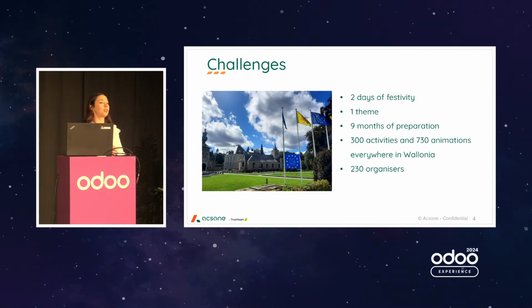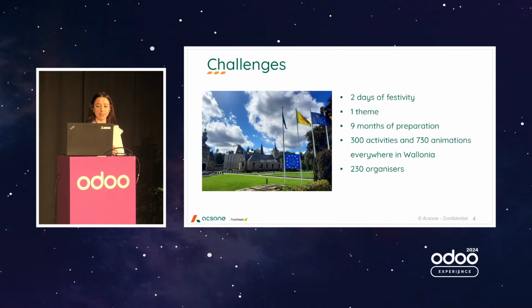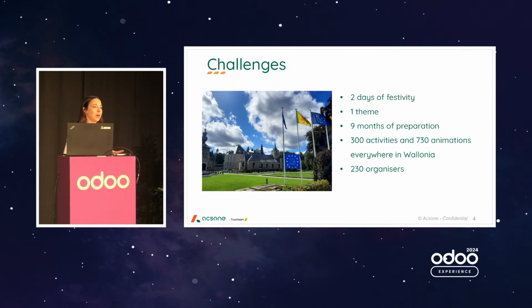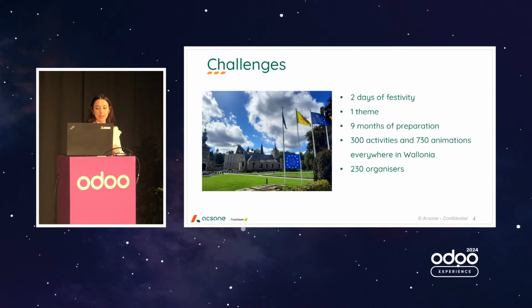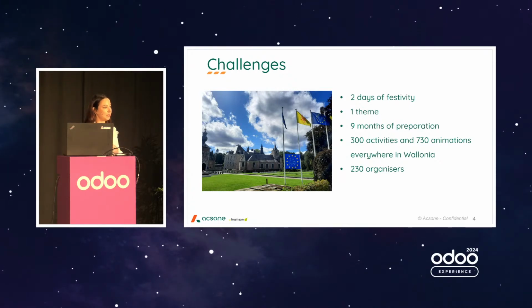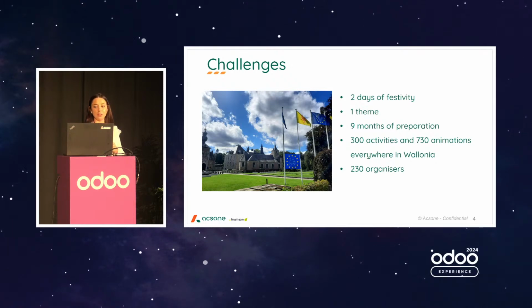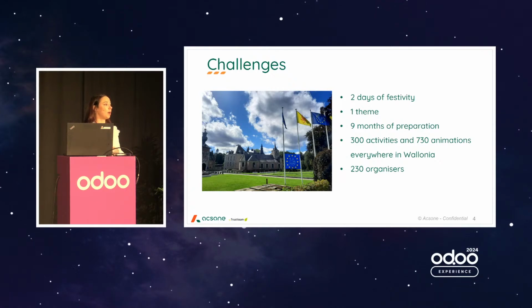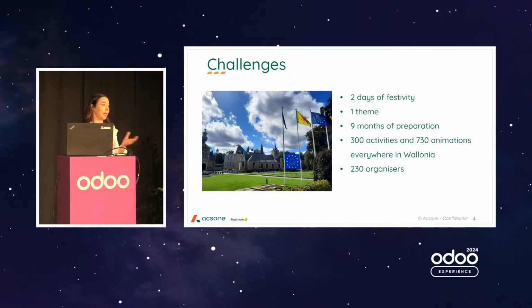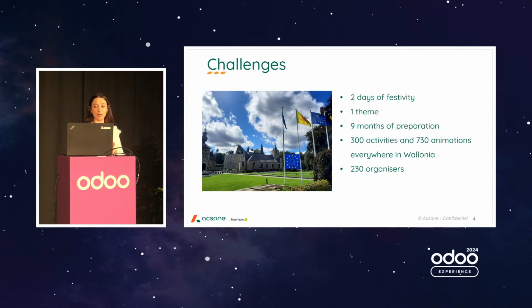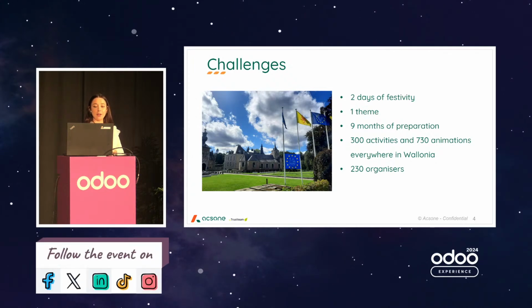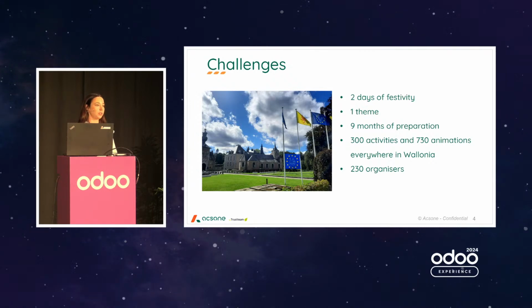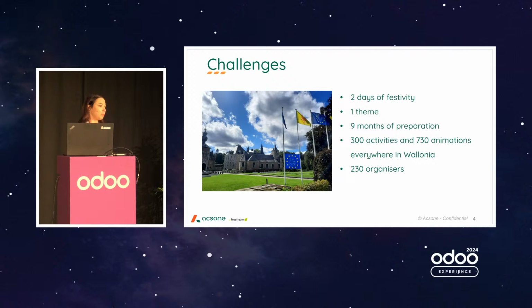It's more than 300 activities and 730 animations everywhere in Wallonia. To be clear, in each activity, an organizer can propose an animation, and an animation is like an exhibition, a concert, a game for children, etc. And it has been organized by 230 people, private and public.